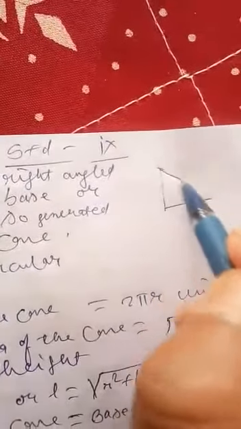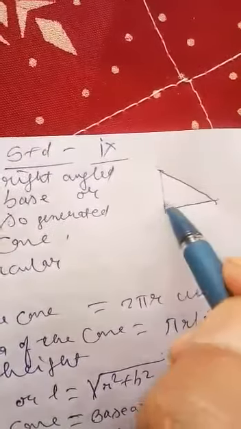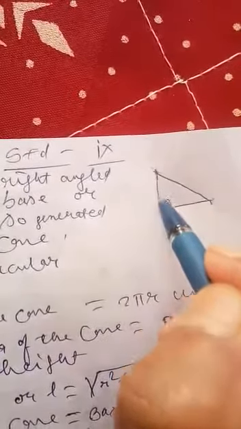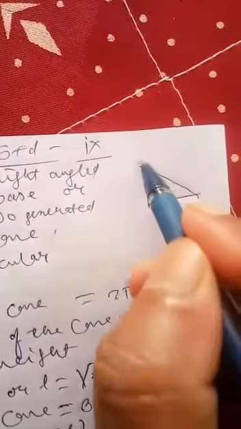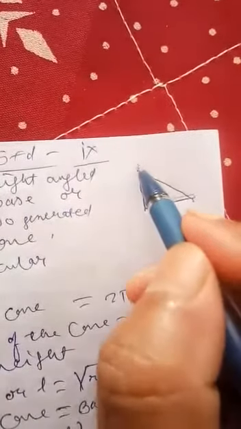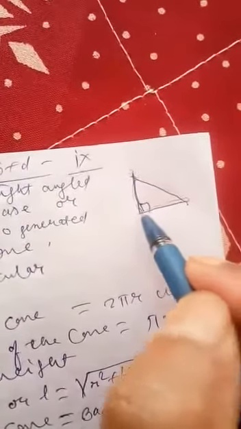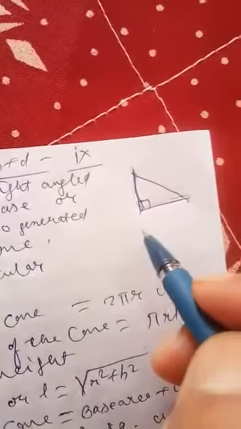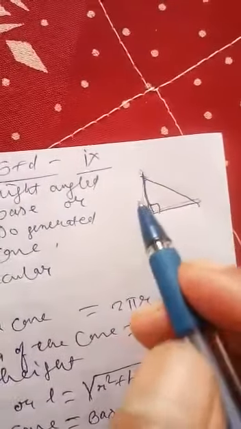Dear students, if there is a right angle triangle, and this is 90 degree, and this triangle is rotated along this length or along this base, that is along this perpendicular or along this base, then the figure so formed is called a right circular cone.